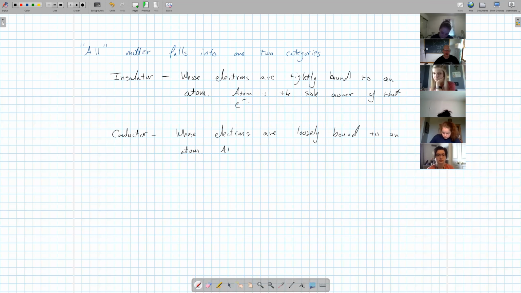So all atoms share the electrons. Basically, in the conductor, the electrons are free to move throughout the conductor at will. So here the electrons are free to move around the entire material.